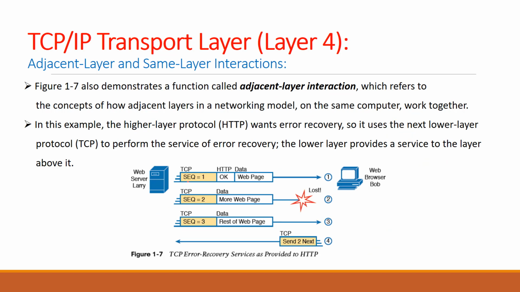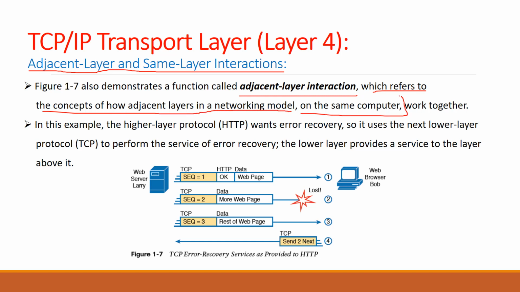And actually this figure demonstrates in more detail the concept of adjacent layer and same layer interaction. How that happens or how that works. The following figure demonstrates a function called adjacent layer interaction, which refers to how adjacent layers in a networking model on the same computer work together.